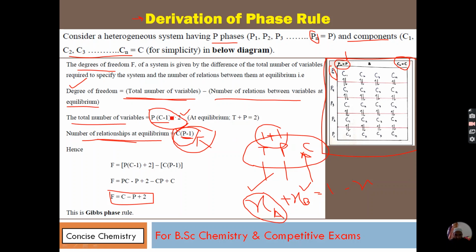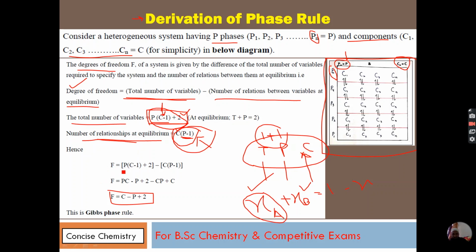So this is the factor C minus 1. ठीक है, so now that means अगर हम एक फेज को देख लें, then as far as the number of variables in terms of chemical components is concerned, that is C minus 1. Now we have P phases, so that's P into C minus 1. So this is P into C minus 1 plus 2. This is the total number of variables. I hope you understood that.